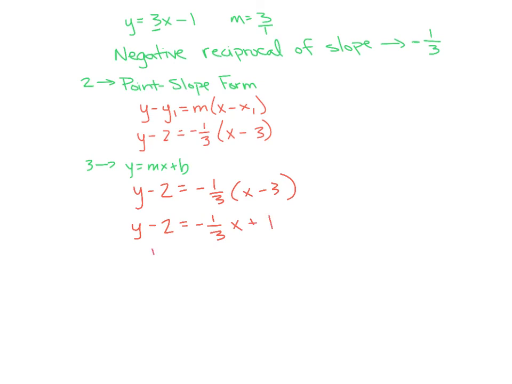And then we move 2 to the other side. These cancel, and we get y equals negative 1/3 x plus 3. And notice the Christmas colors I used for you. So y equals negative 1/3 x plus 3 is perpendicular to y equals 3x minus 1. And lucky for you, we are done.